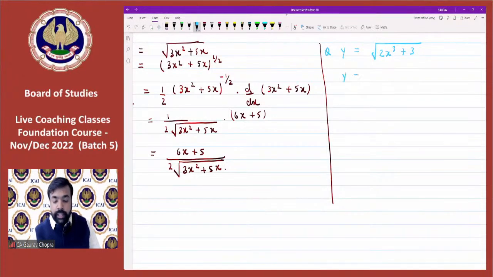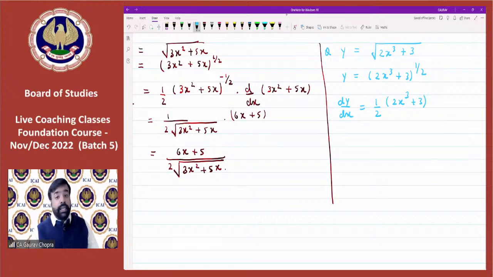So we can write it as y equal to 2x cube plus 3 to the power of half. Now, for differentiating, what will happen? Half will come forward. And now the power will become minus half.